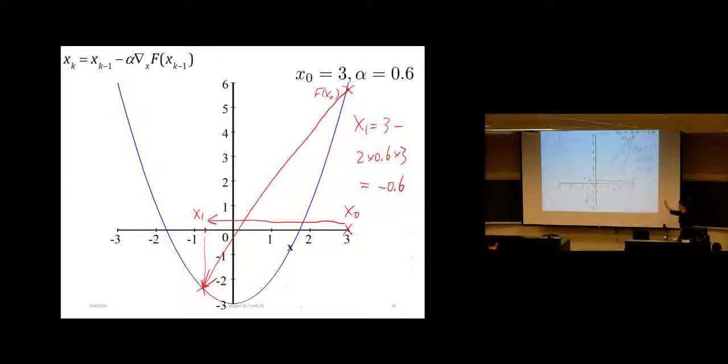It oscillates from the left of the optimal point to the right and back. This is the influence of a big learning rate. Again, surface map: the gradient is the x change, and that is the y change, the objective function change.